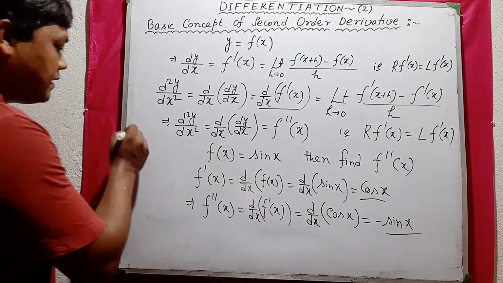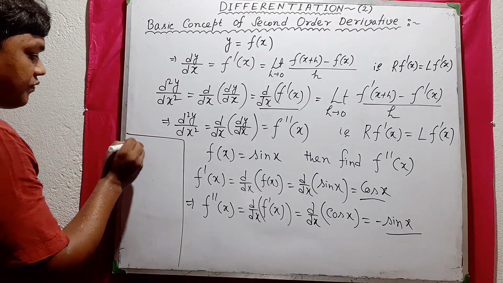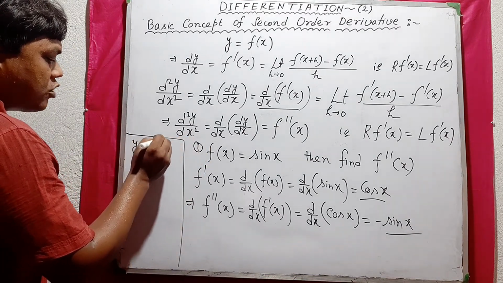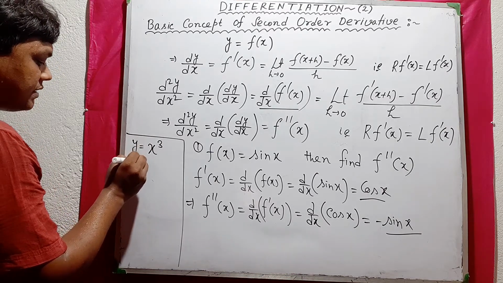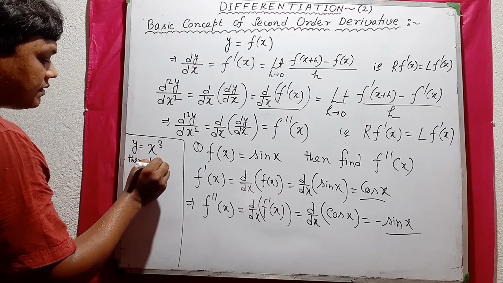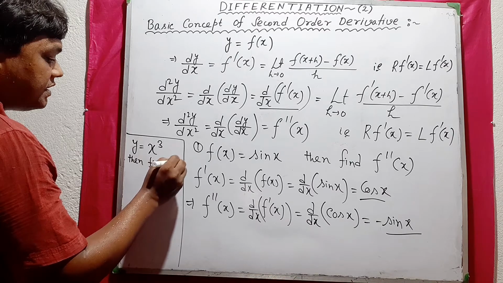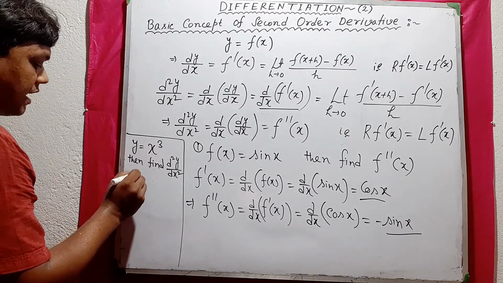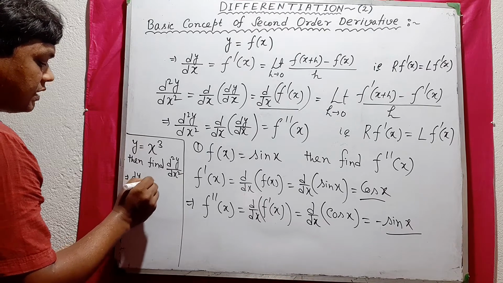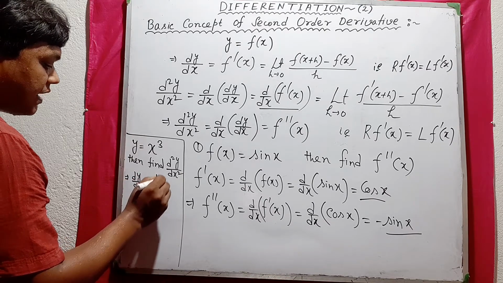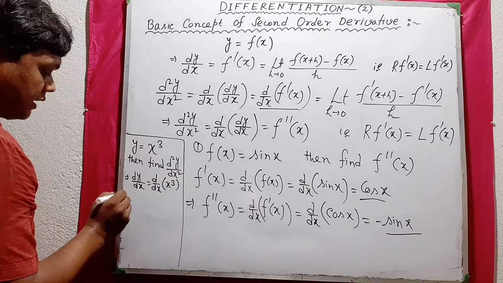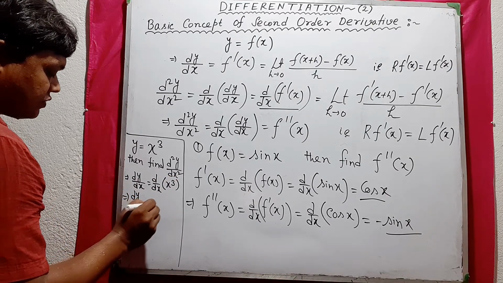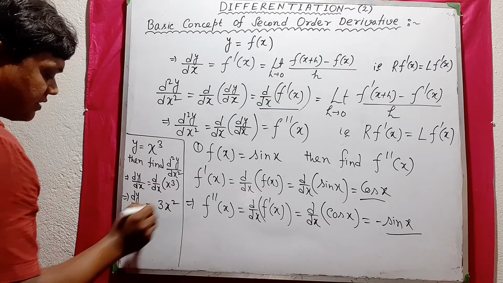Similarly, another example: if y equals x cube, then find d2y/dx2. How to find it? Of course dy/dx equals d/dx of x cube, then dy/dx equals 3x square after differentiation.